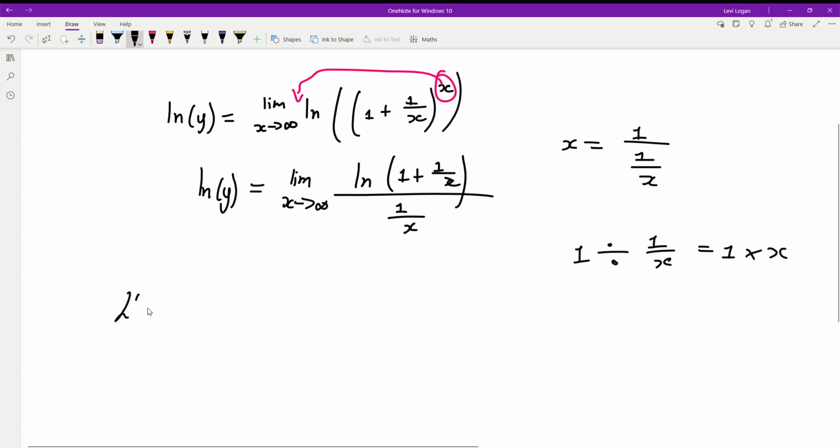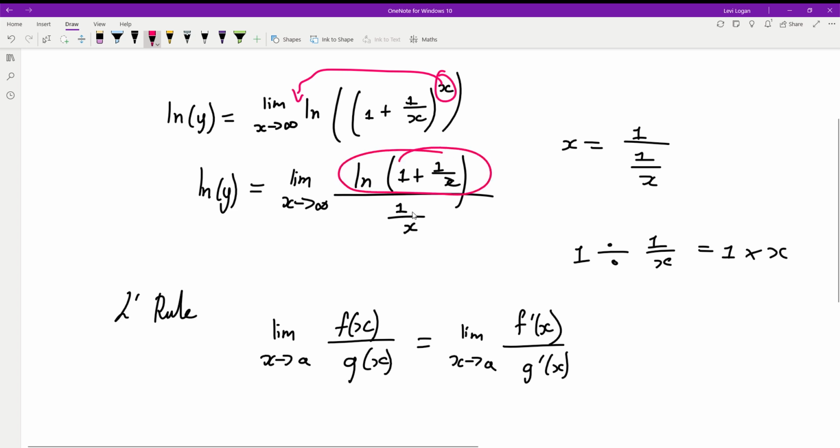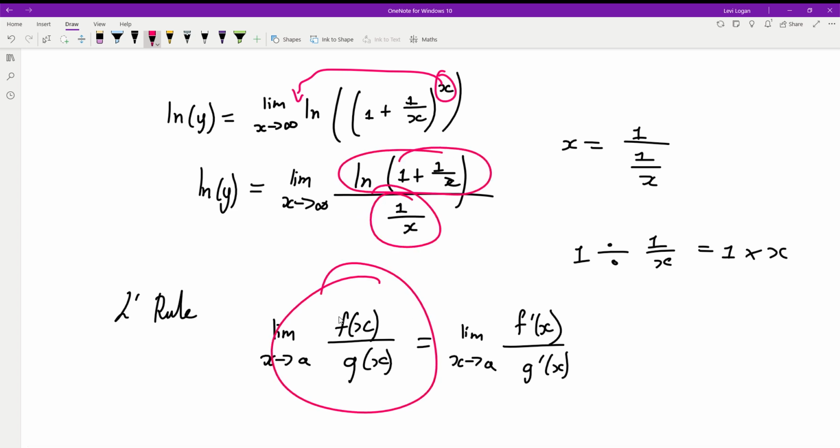Basically, if you have the limit as x approaches some number a of f of x on g of x, then that is the same as the limit as x approaches a of f dash of x on g dash of x. So in other words, the derivative of the top and bottom gives the same limit as the original function. So all we've got to do is differentiate this function and this function here, because they're essentially equivalent at this limit according to L'Hopital's rule.